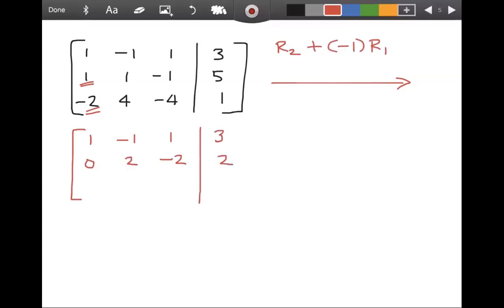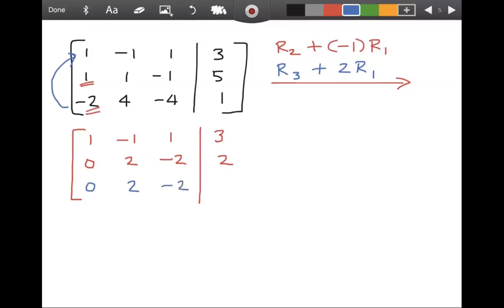All right, and we also need to change row 3. We're going to change row 3 by adding to it 2 times row 1. So this plus 2 times this. -2 plus 2 times 1 is 0. That was the whole point. 4 plus 2 times -1 is 4 plus -2, which is 2. -4 plus 2 times 1 is -4 plus 2, which is -2.